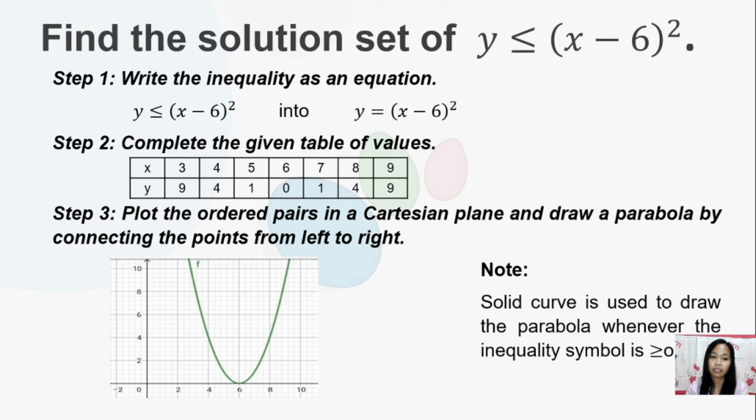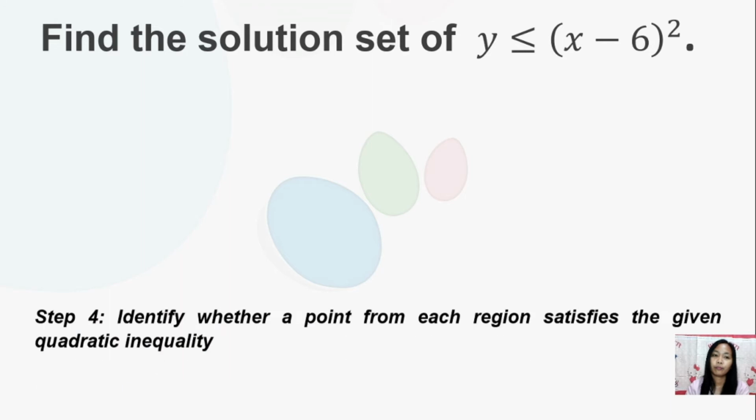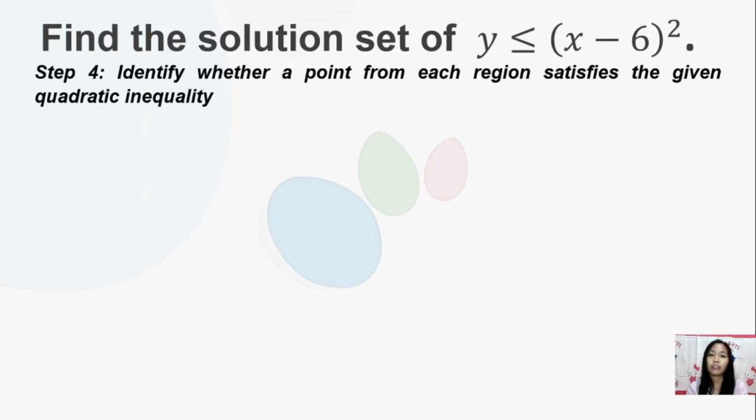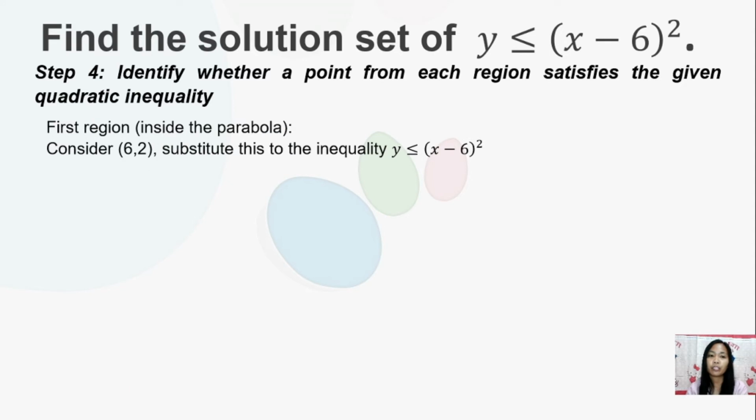Then we have step 4. Identify whether the point from each region satisfies the given quadratic inequality. So we are going to consider first the region inside the parabola. So inside the parabola, we have point (6, 2).